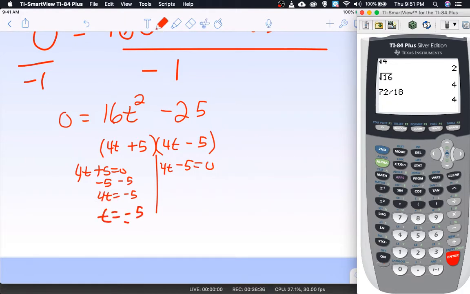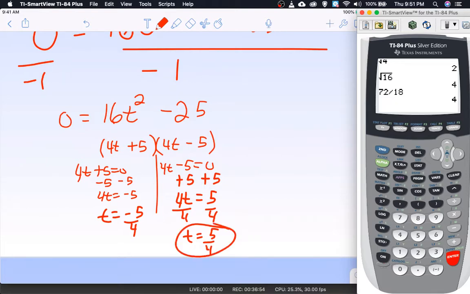And that gives us t equals -5/4. I don't think that's going to be the right one. I don't think it's going to hit the ground after -5/4 of a second. On the other side, when we add 5, 4t equals 5, divide by 4, and we get t equals +5/4. I'm going to guess it's that one.